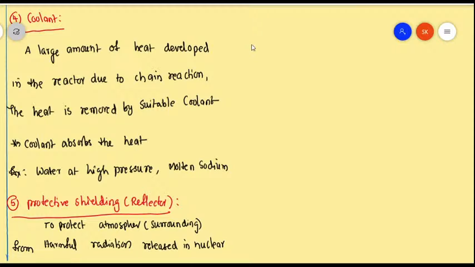To protect the atmosphere from harmful radiation released in the nuclear reactor, we use a 10-meter shielding. Shielding means forming a layer. We use protective shielding.